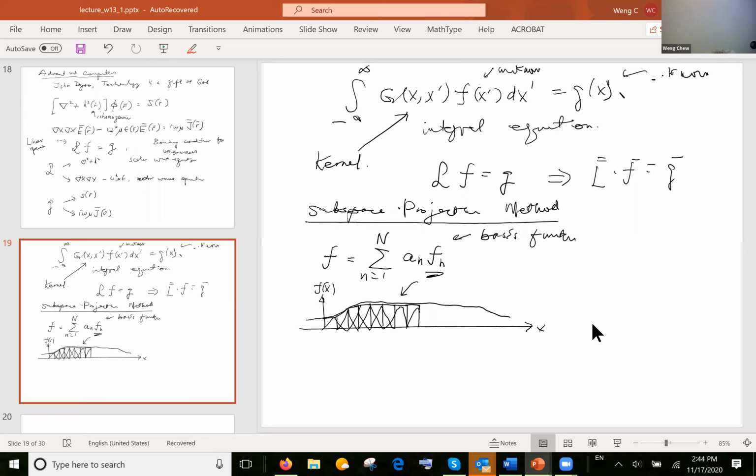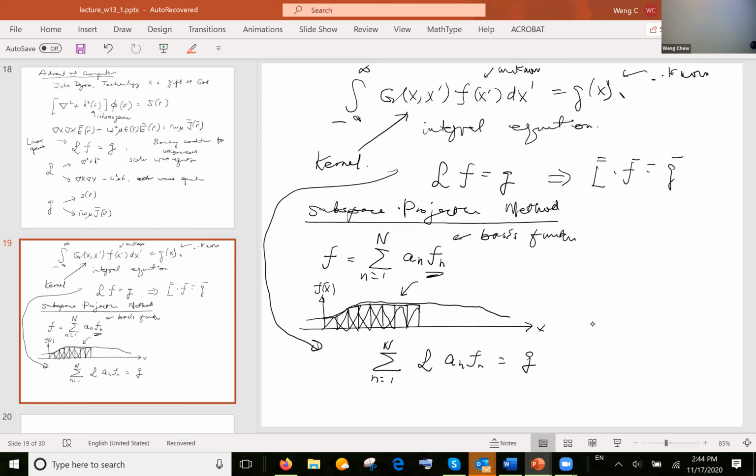Okay, so if a function can be approximated by sums of basis functions, then you can plug that into your linear operator equation. Then if you exchange the order of summations and operation, the operation can be integral or can be a differential, then you have an equation that looks something like this.